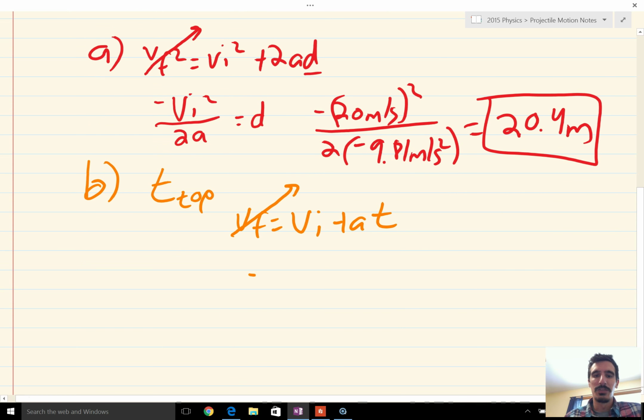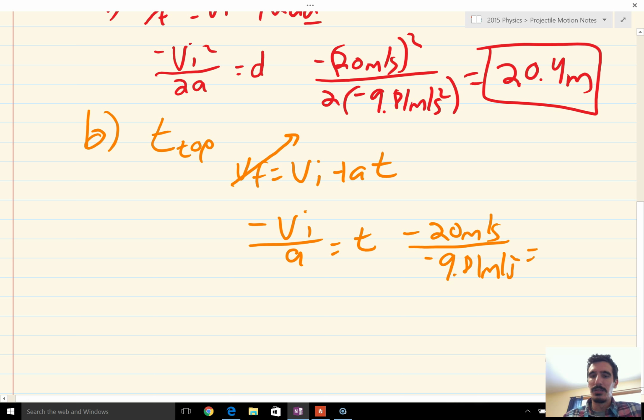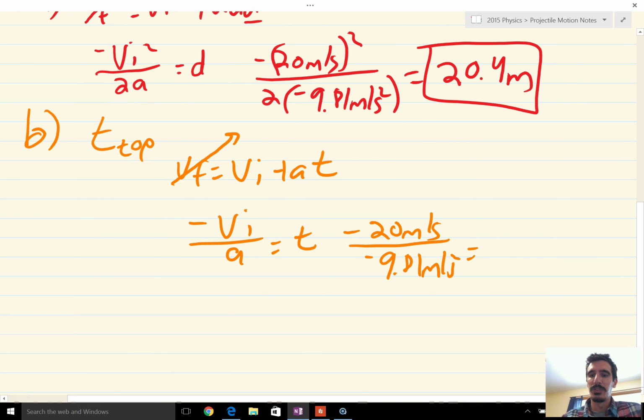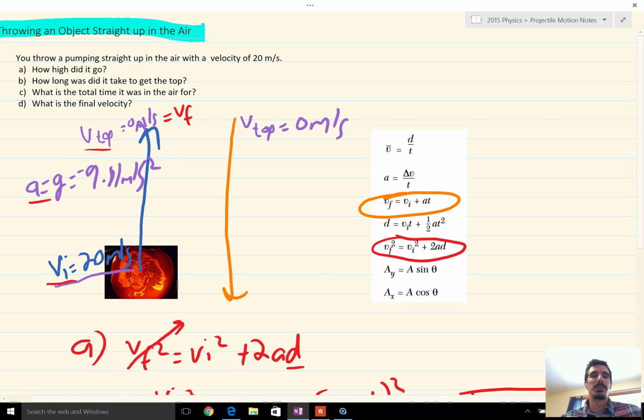Solving for t, so negative Vi over a equals t. Plug and chug. Negative 20 meters per second over negative 9.81 meters per second squared equals the time, and we get 2.03 seconds. Okay, so that's the time to get to the top.